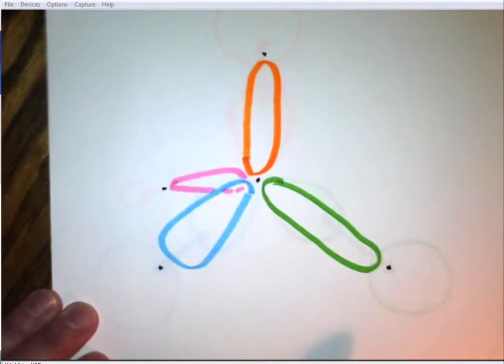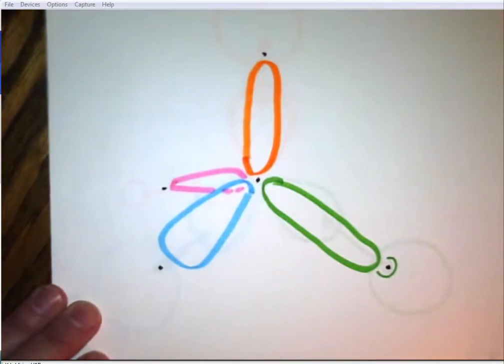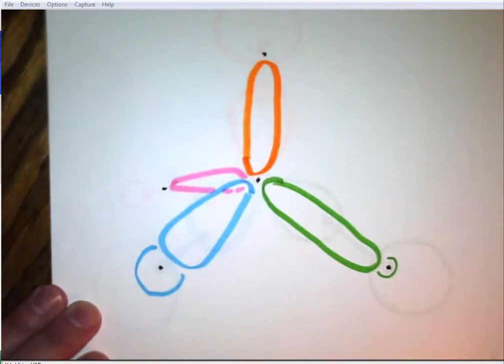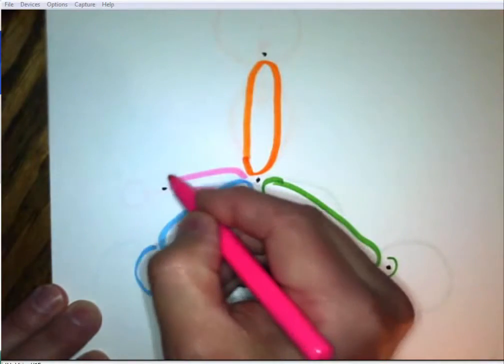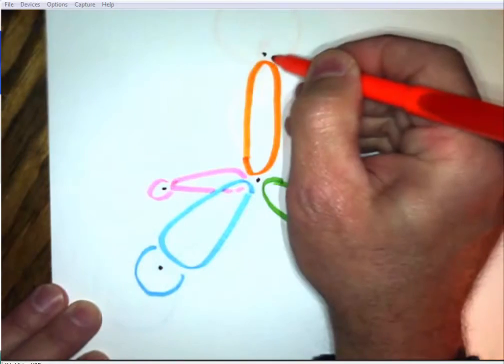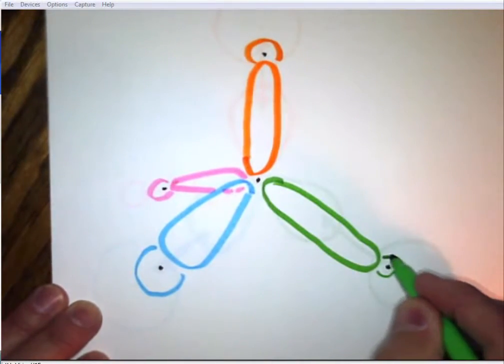So now we got a molecule that is more or less tetrahedral. That makes sense to you?